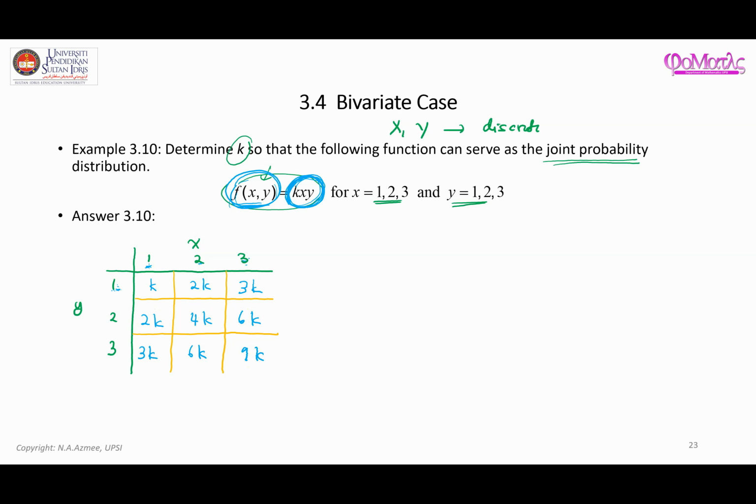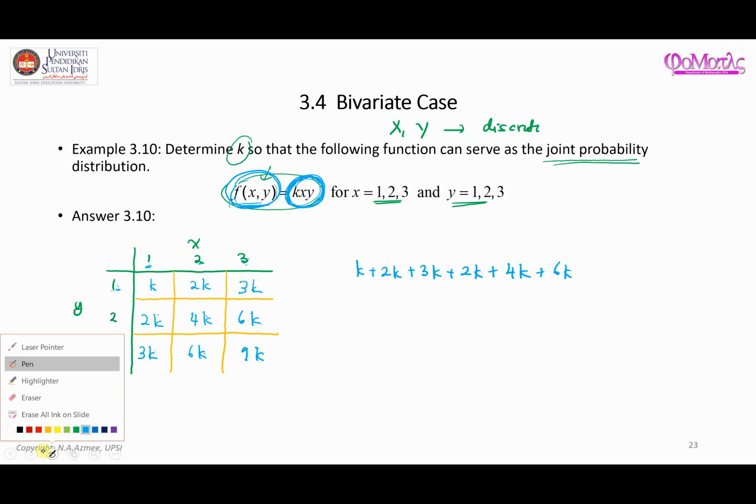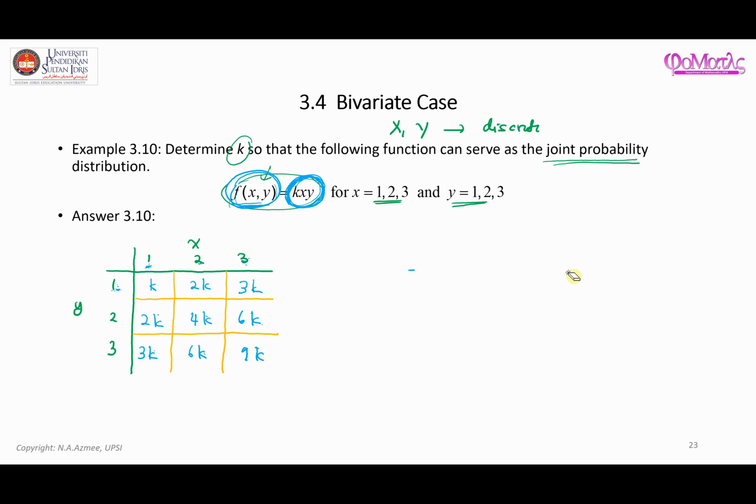In order to be a joint probability distribution, we should know that adding up all these values must be equal to 1. So that's how we're going to find the value of k. You would add up k plus 2k plus 3k plus 2k plus 4k plus 6k. This is going to be too long, so I'm just going to write it in this manner because you can see a clear pattern.